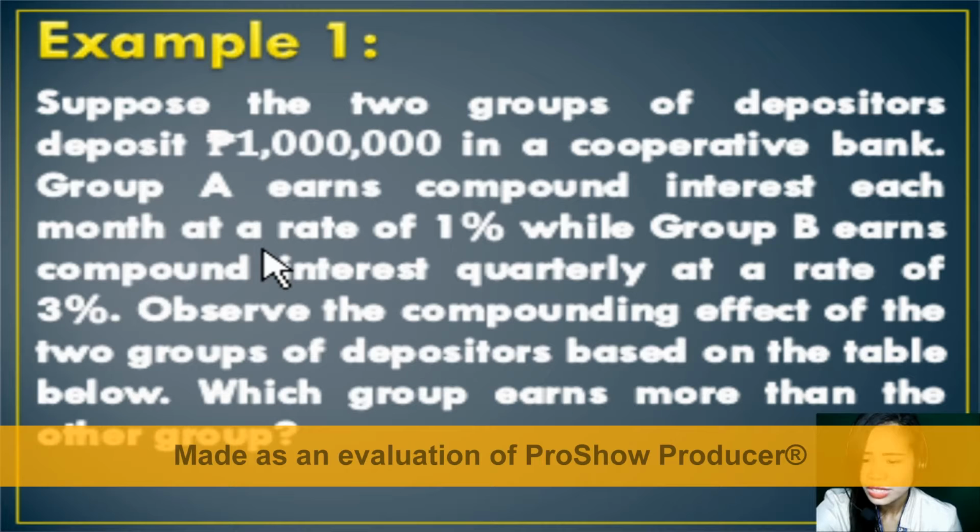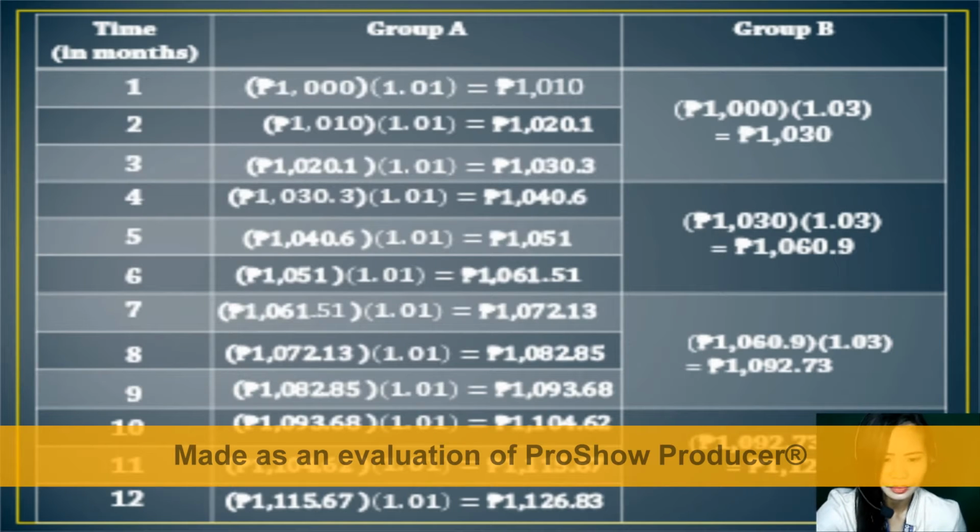So how many quarters are there in a year? It means there are 4 quarters. So that's the difference between what Group A and Group B will earn after several periods. Okay, let's have this table.